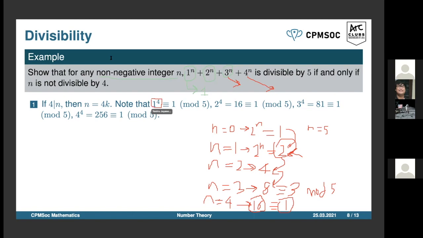And if you take 2 to the 4, you'll again get 1 modulo 5. If you do 3 to the 4, you again get 1 modulo 5. So you can confirm that by calculating 81, and 81 is again 1 more than a multiple of 5. And if you do 4 to the power of 4, you'll get 256, which is 1 modulo 5.